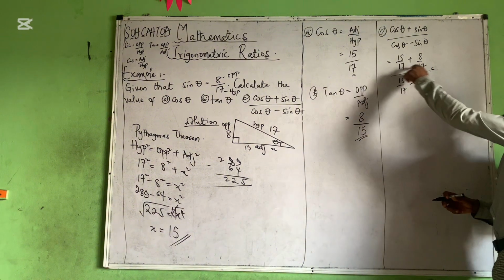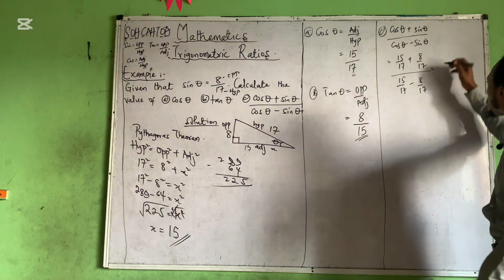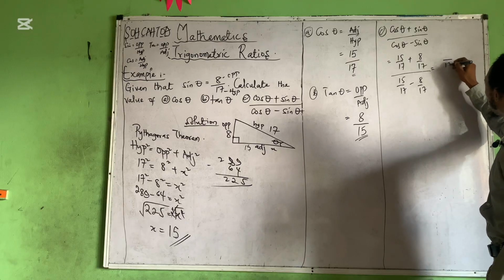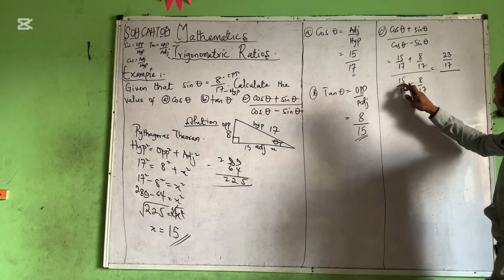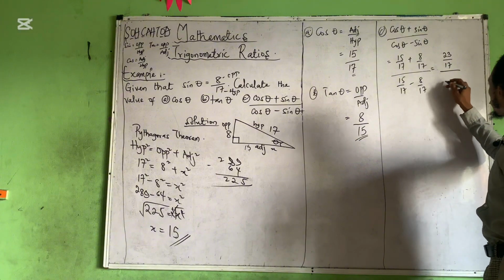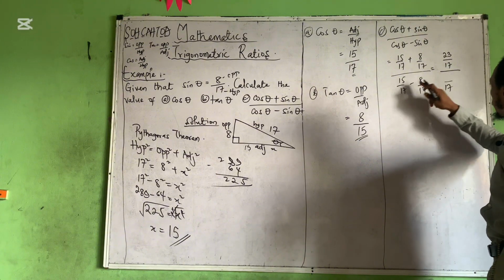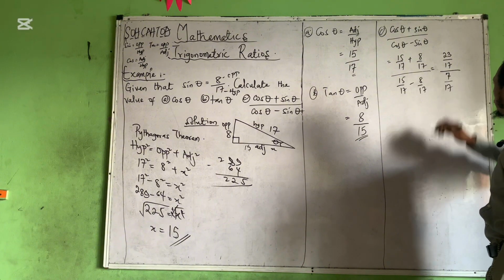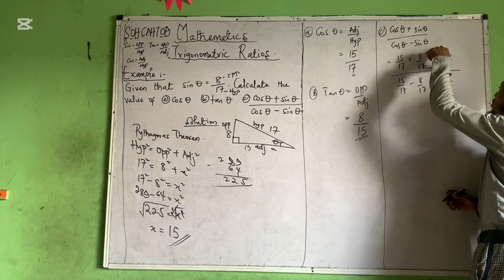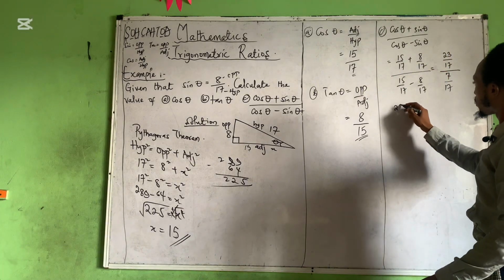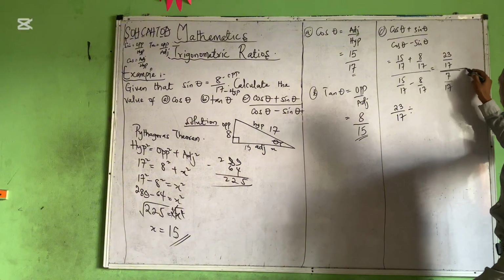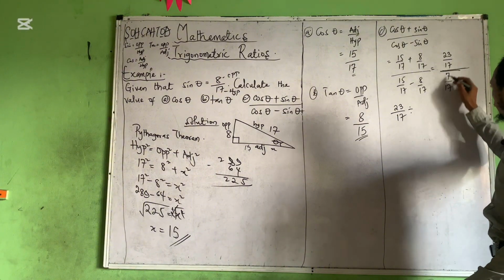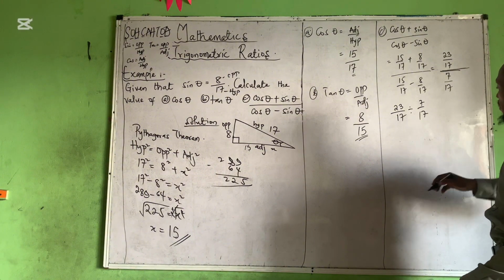When you're adding fractions with the same denominator, you pick one denominator, that's 17. Then 15 plus 8 is 23, and 15 minus 8 is 7. So you have 23 over 17 divided by 7 over 17.